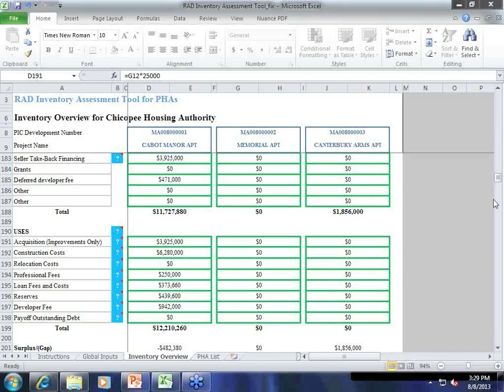So I would say don't spend a lot of money putting the application together, but I get your point that it is unavoidable. You do have to spend the money on the RAD PCA. So that money, it's true, you will have to spend before you know for sure whether you've got a project that's going to work.